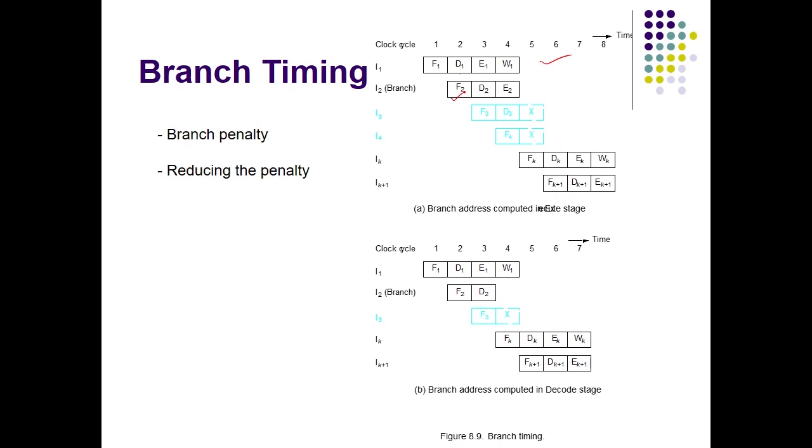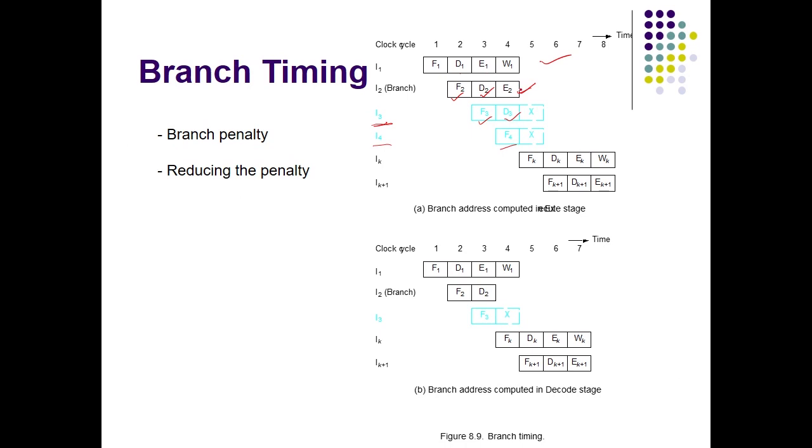It will fetch, decode and execute, but while decoding it, the next instruction after the branch, in the earlier example INC R2, will be fetched. While executing E2, D3 will continue, meaning the third instruction will be decoded and I4 will be fetched.